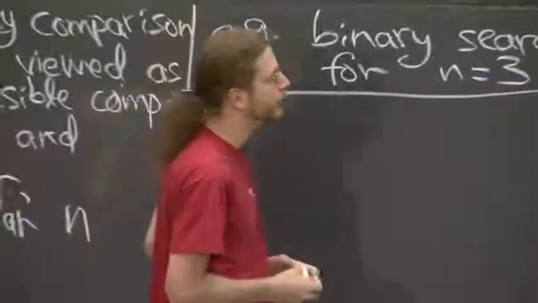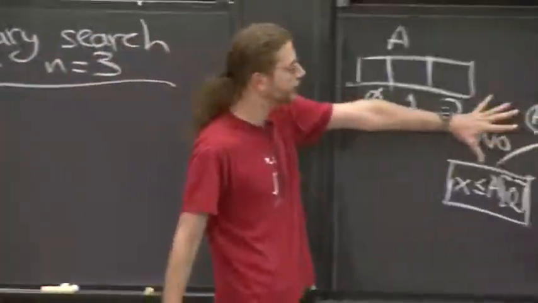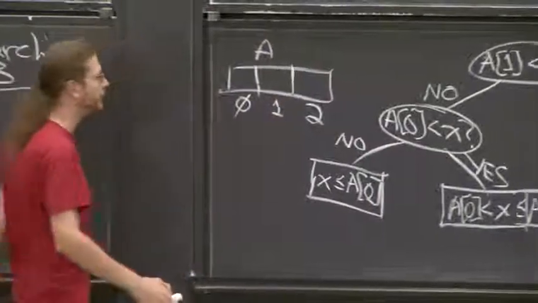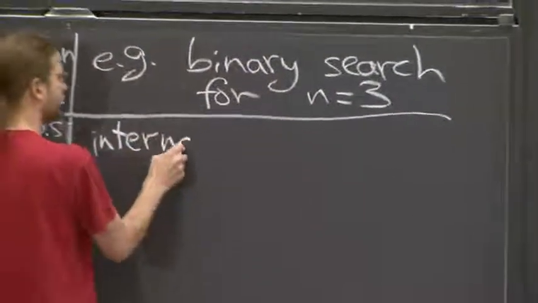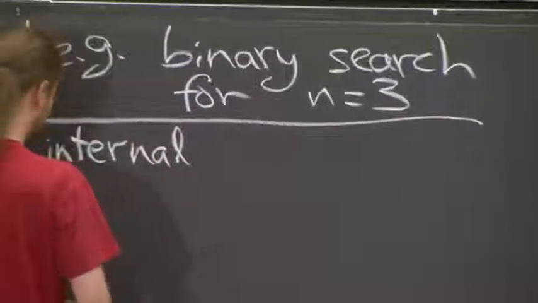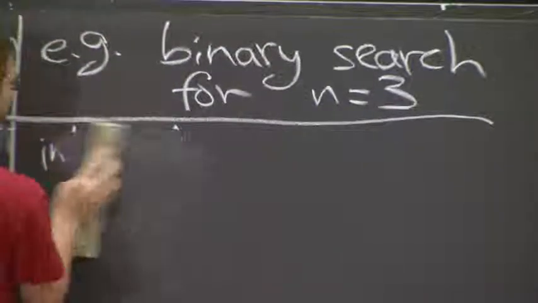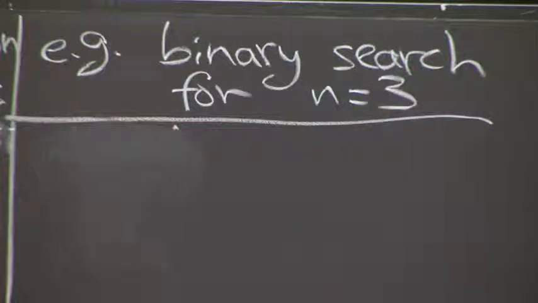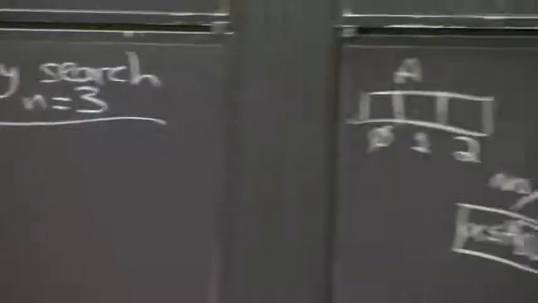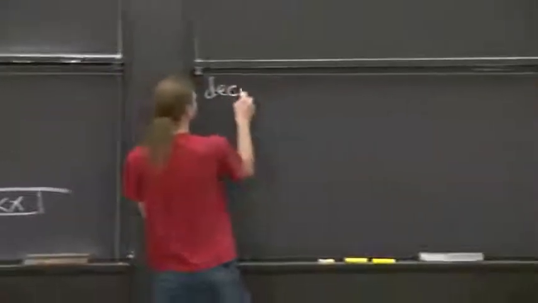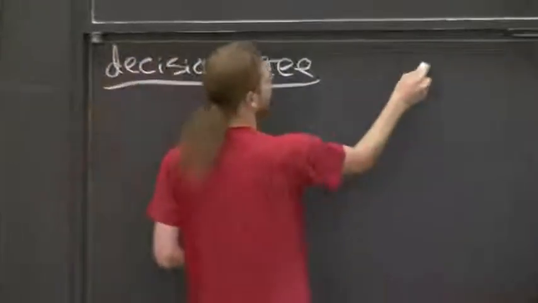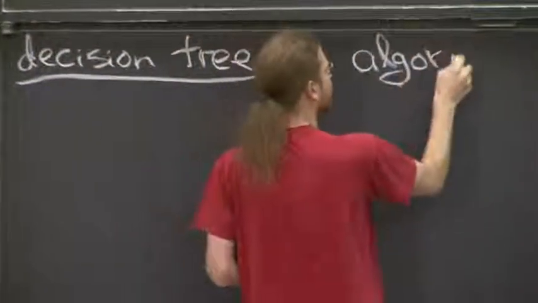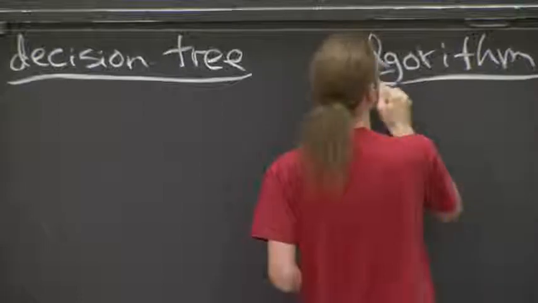Okay, so let me talk about some features of this tree versus the algorithm. So every internal node, actually, I'm going to go over here. So we have a decision tree, and we have an algorithm that decision tree represents.